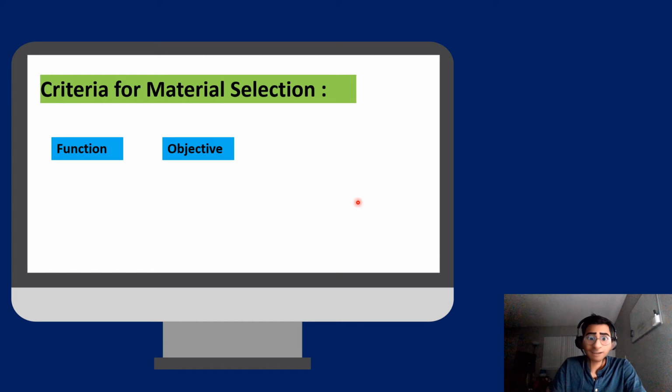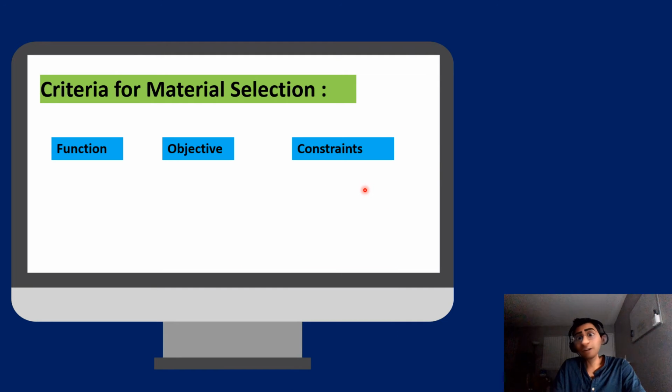I can show you one example in the coming slides. And then, are there any constraints? This is very specific when we go into any industry. Normally it's not just the perfect material, but there are other constraints associated with it. A material might meet your objective and your functions, but there are constraints where you cannot use it. So I will just give you a brief overview with an example.